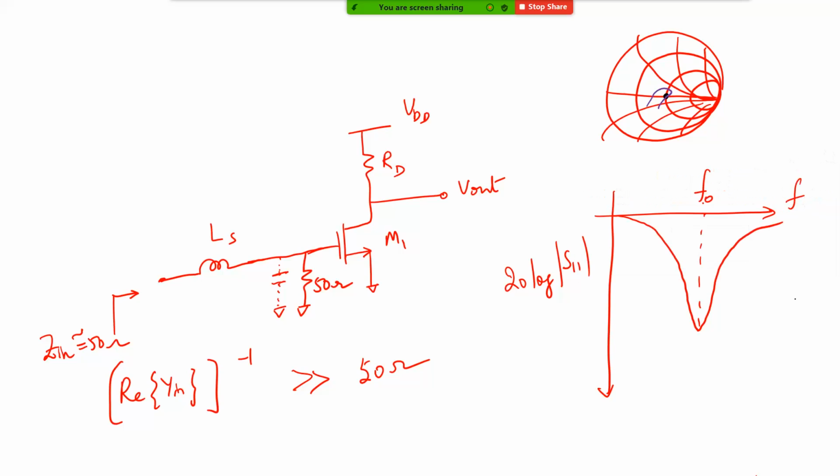In fact, it will be negative; it should not be positive. If your 20 log of S11 or 20 log of S22 is positive, it means that the system is unstable. I think you would have learned this in your microwave circuits course, right? So S11 and S22 have to be negative in the logarithmic domain, and in real numbers it has to be lesser than 1.